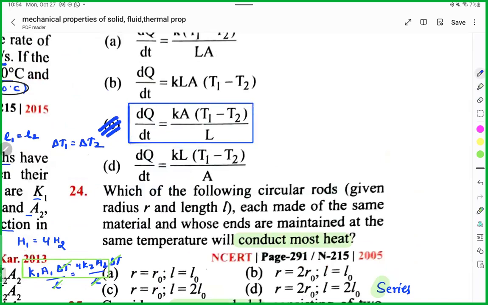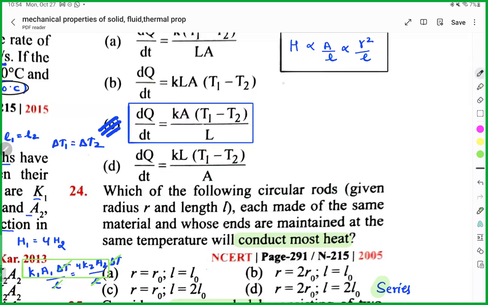If everything else is the same, the heat transfer will depend directly upon the area and inversely upon the length. Area depends upon R square, so it is directly dependent on R square and inversely dependent on the length.